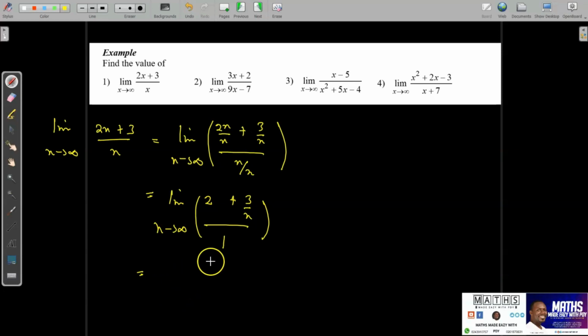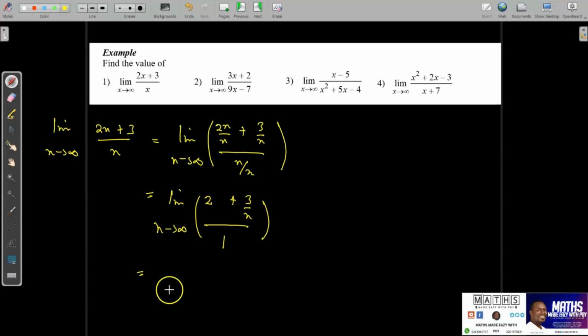So at this point, this 3 over x is the same as 3 times 1 over x. And with the theorems of limits, we learned that if you have the limit of a given function in a rational form, you can split it up.